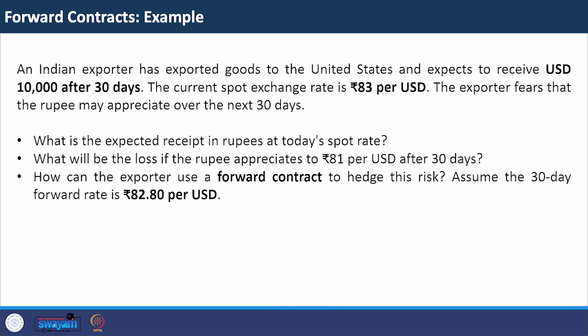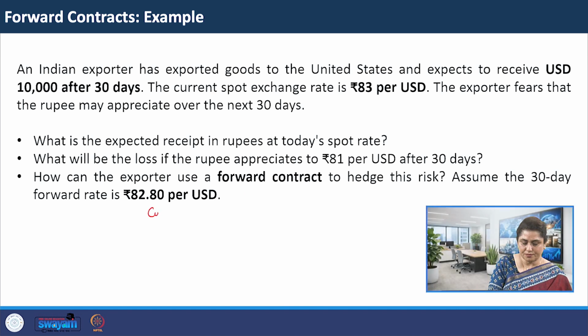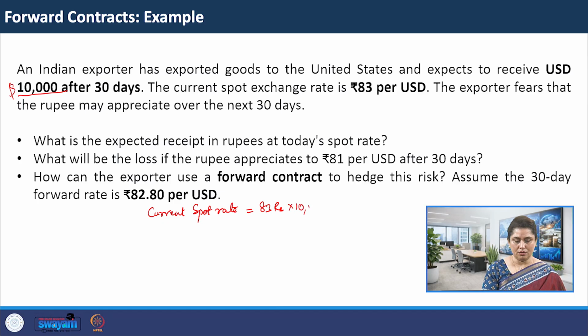For example, suppose the current spot rate given to us is 83 rupees, and he is receiving USD 10,000 today. So how much is he going to get? He will get 8,30,000 rupees.